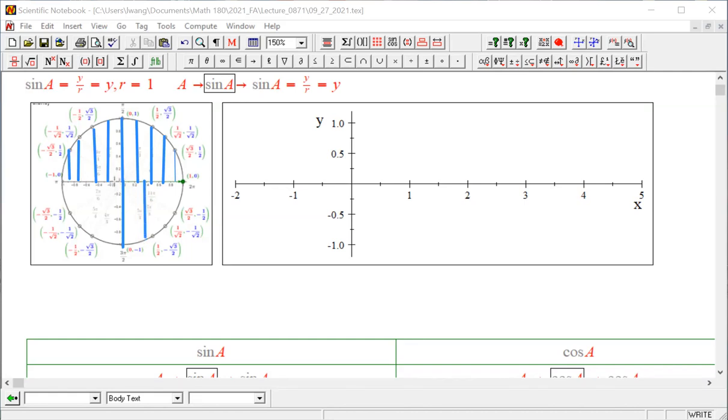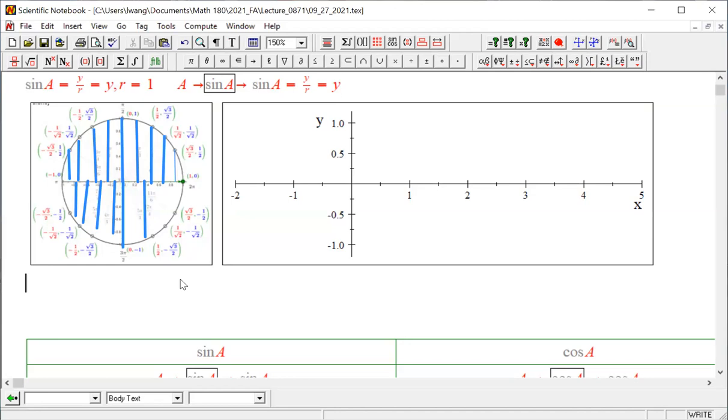You can just imagine there are lots of blue bars, those vertical lines between -1 and 1. That is the range, the value of y. That's the visual for the range of sine.